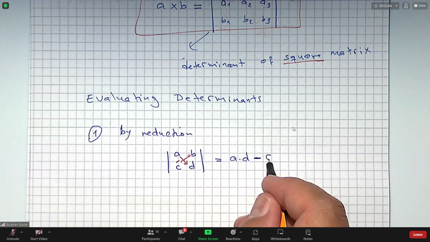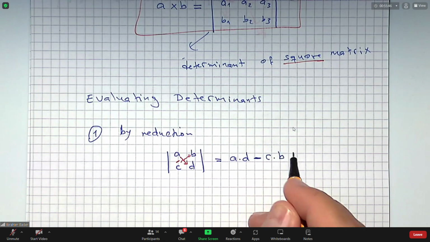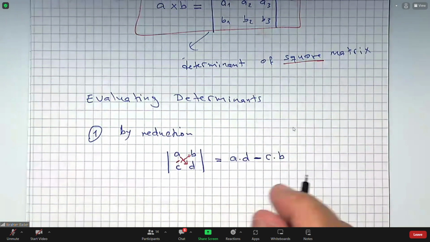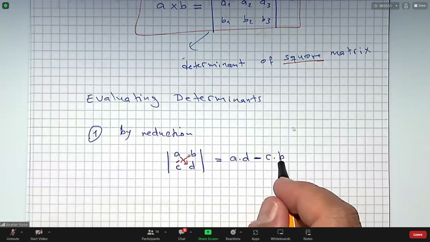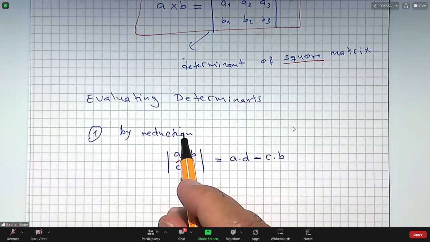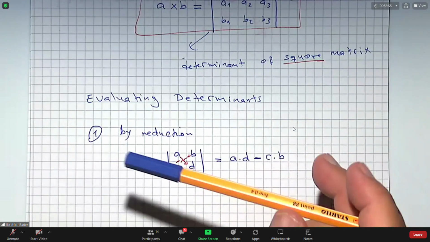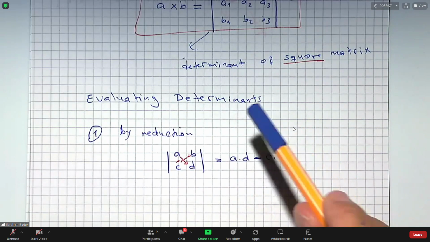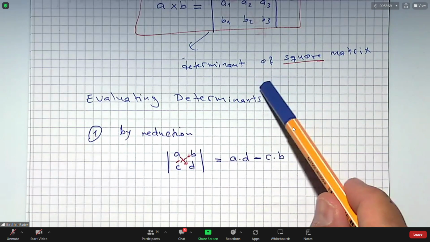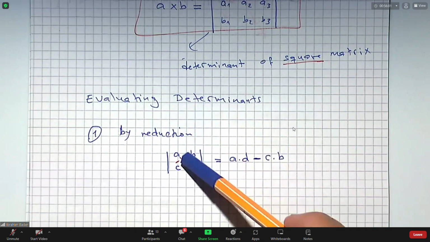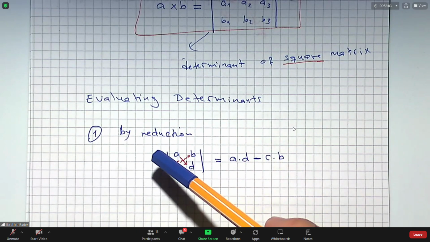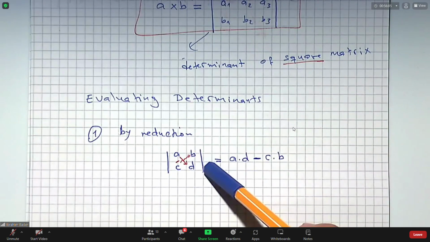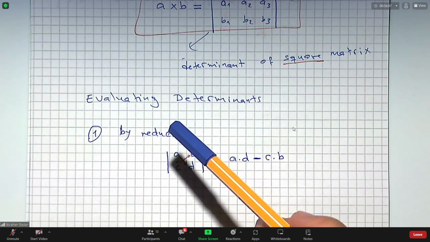This is a rule, and we will use it as a termination rule for our reduction. What we do, if we start with a determinant, this is what Leibniz did: you delete one row, one column, and then you get a determinant which has a smaller dimension, and so on.